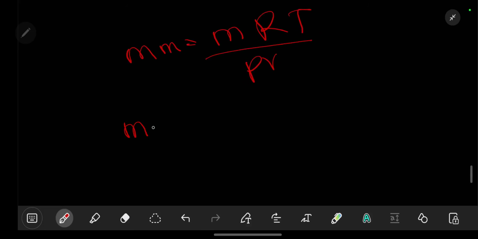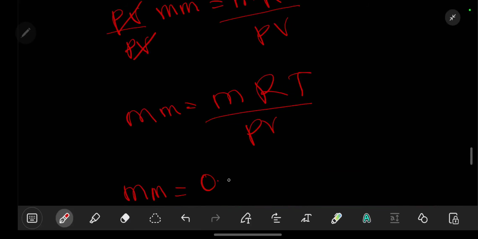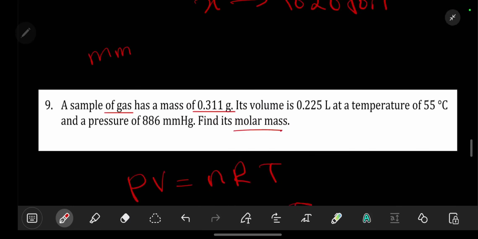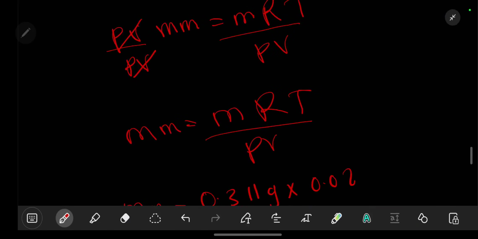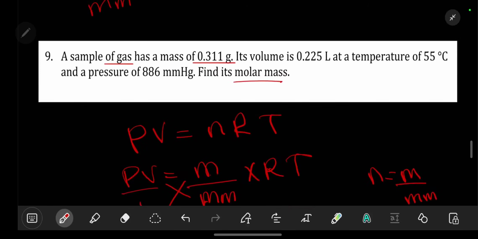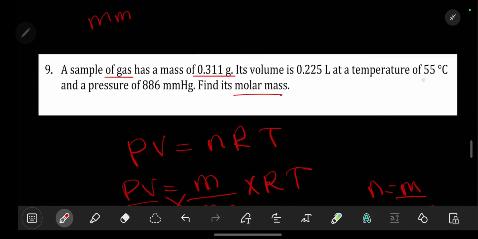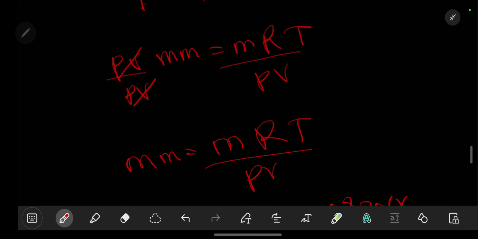So the molar mass should be equal to, what is our mass? Our mass is given as 0.311 grams times R, which is 0.08206, then times the temperature. Our temperature is 55 degrees Celsius, so we first have to convert that.